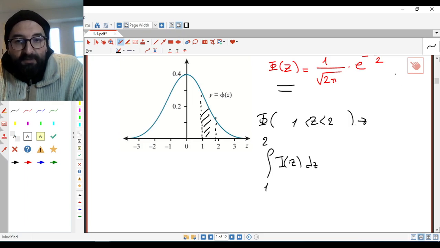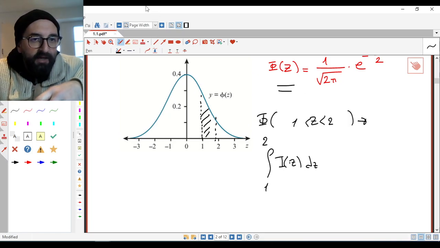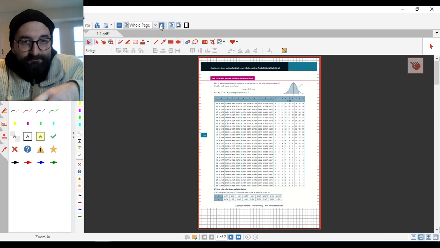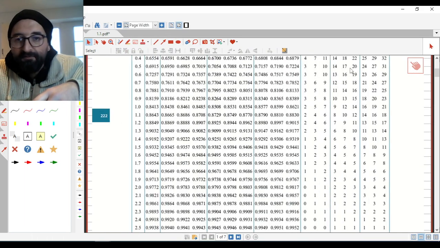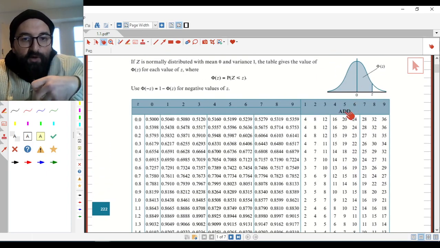So mathematicians found the probability of all z values, and they created a table which is named the z table, like this. After this, we don't calculate an integration.